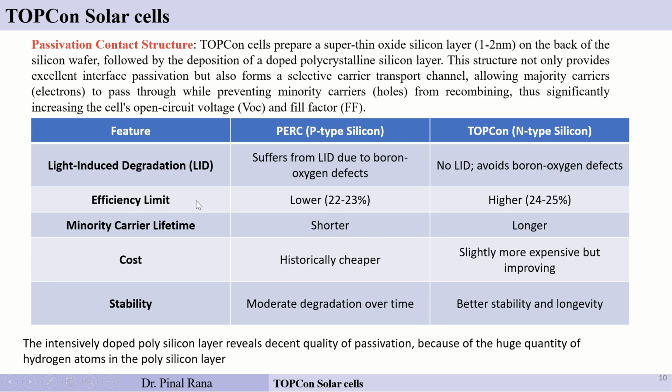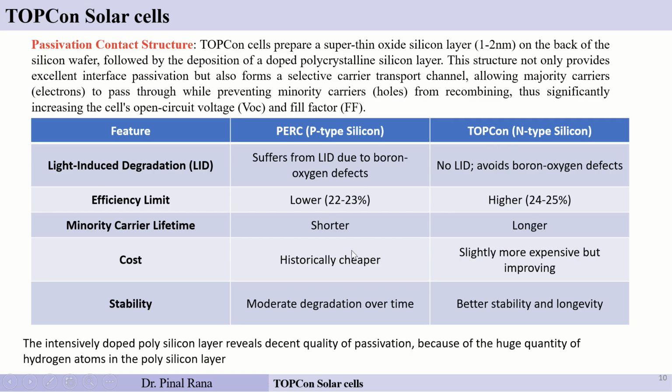For the efficiency, the PERC solar cell is limited to 22 to 24% max, whereas TOPCon can easily reach 25% efficiency. In the PERC solar cell, the minority carrier lifetime is shorter, whereas in TOPCon it's longer.